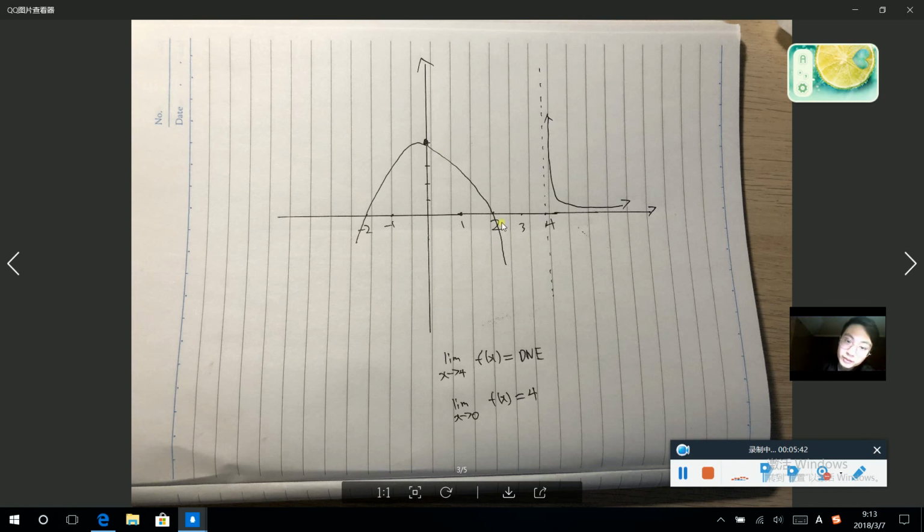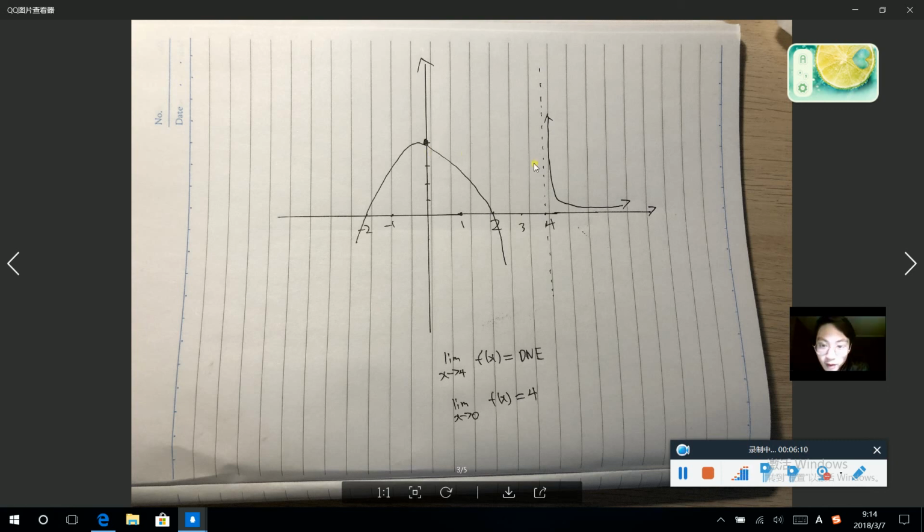We can assume that this is A and that this is B, which is the same as A plus h. If h approaches 0, we can also let the secant line equal the tangent line regarding the slope at the same point.